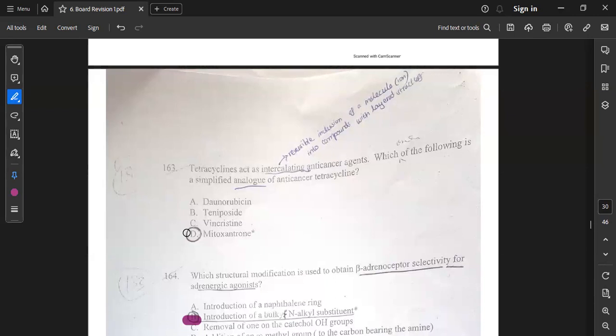Basically, can someone take us through anti-cancer classes in like a minute or 30 seconds? Epipodophyllotoxin, okay. Can someone take us through briefly, maybe in 30 seconds or so, classes of anti-cancers? Platinum analogs, vinca alkaloids.